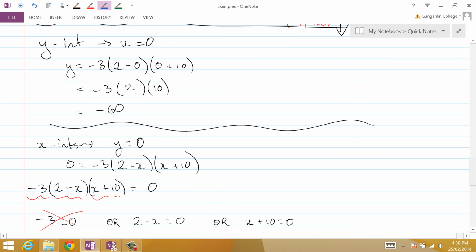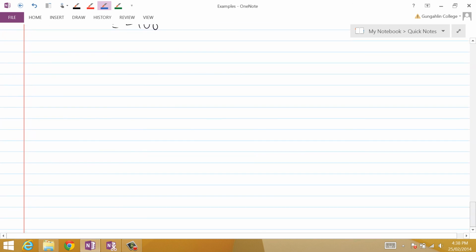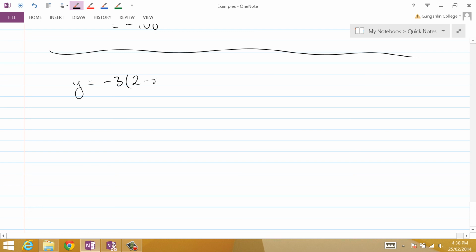So if you want to see that a bit more clearly, we can just do a bit of algebra with the equation. It was minus 3, 2 minus x, x plus 10. I'm just going to leave the minus 3 there, I'm going to leave the x plus 10 there, I'm going to play with this odd looking factor here, and I'm going to factorise a minus 1 out the front of it. So that would give me minus 2 plus x in here.